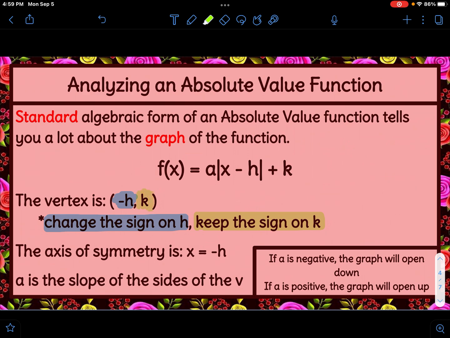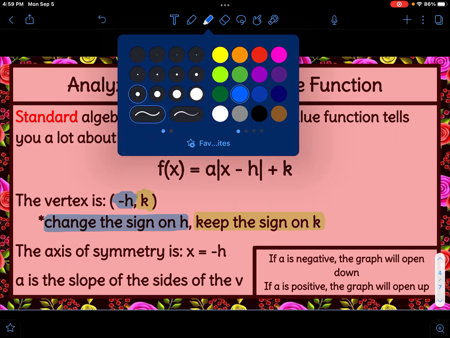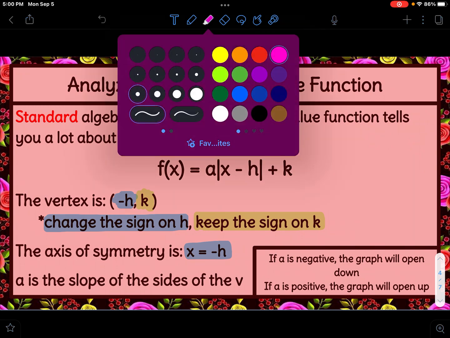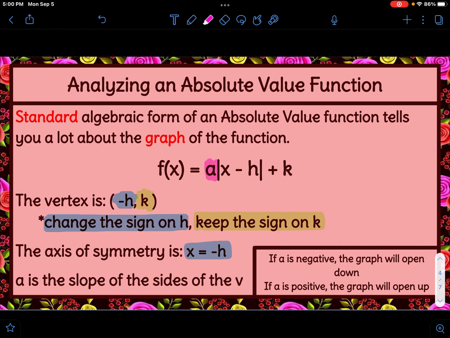The axis of symmetry is then, remember, the axis of symmetry always goes through the vertex. So they share an x value. A out front is the slope of the sides of the V. The slope of the sides. That'll make a little bit more sense tomorrow when we start graphing.